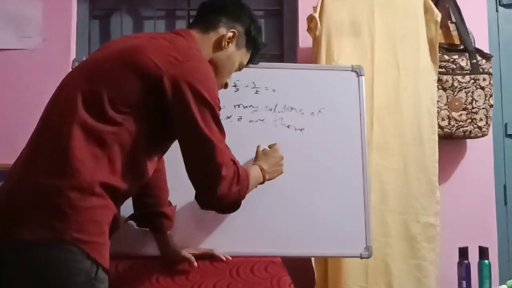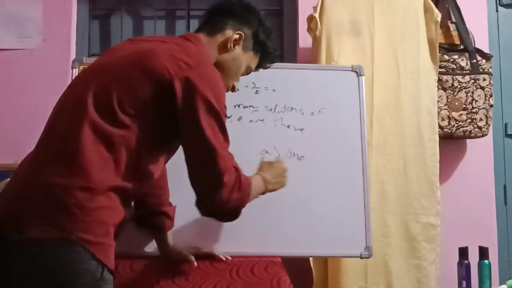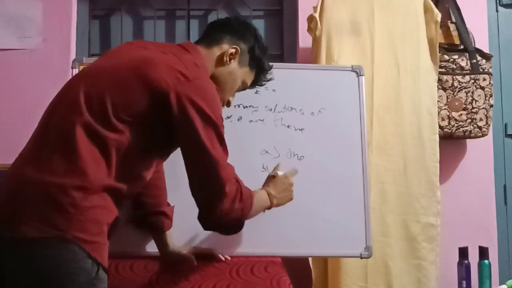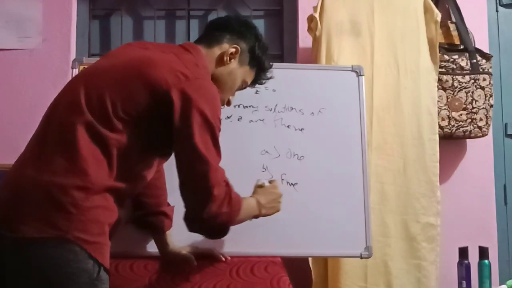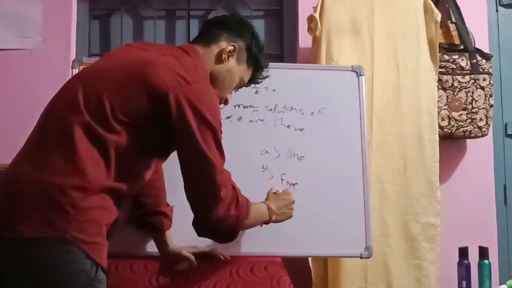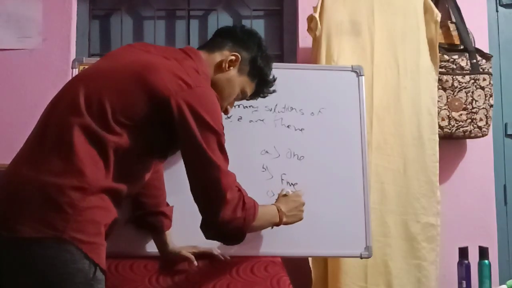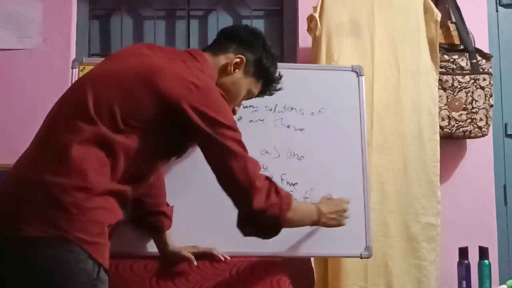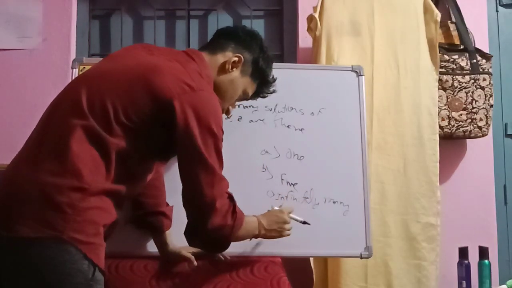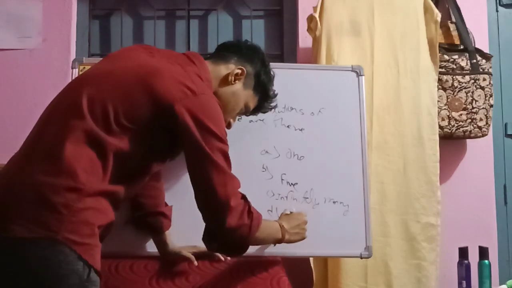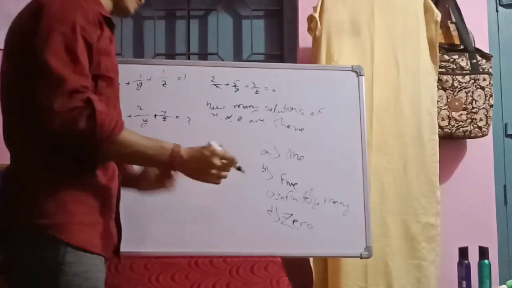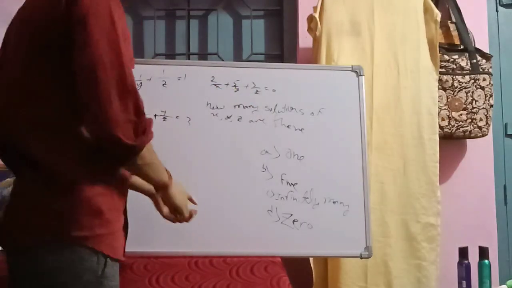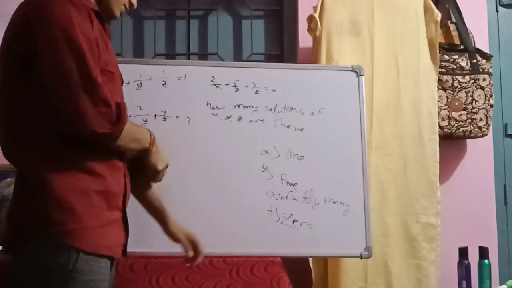Options are 1, 5, infinitely many, and this is 0. They ask that if these equations are true, then how many possible solutions of x and y are there?